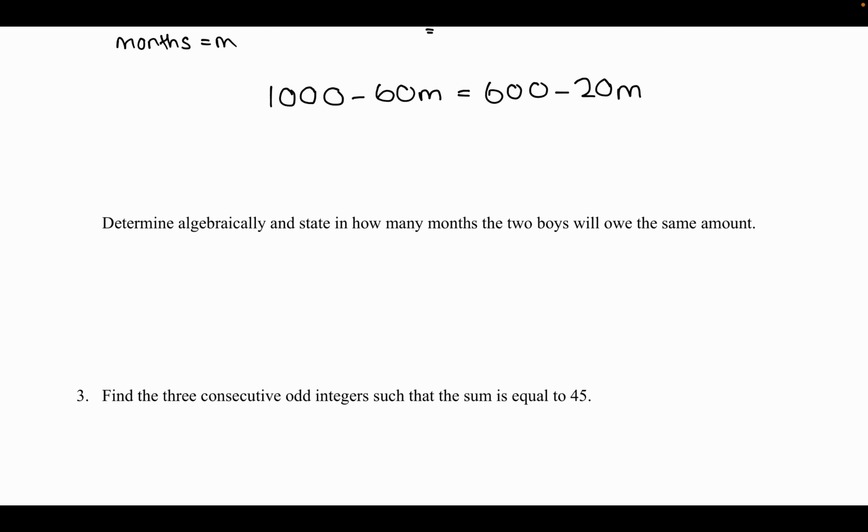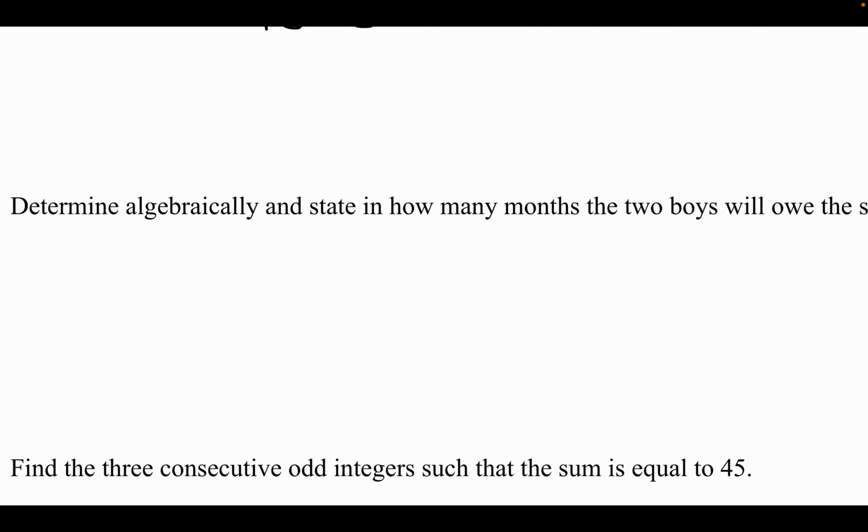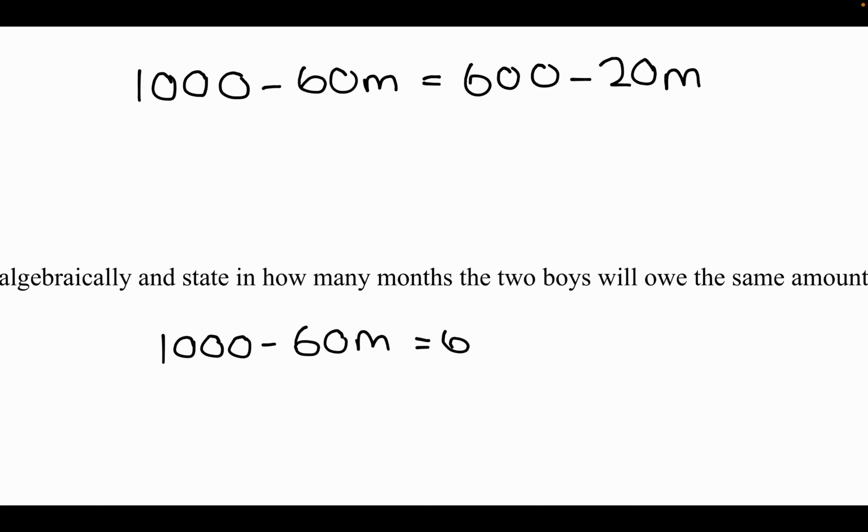So this part says determine algebraically and state how many months the two boys will owe the same amount. So that means that we're solving for the months. So we're going to copy over our equation, 1000 minus 60m equals 600 minus 20m, and solve for m.